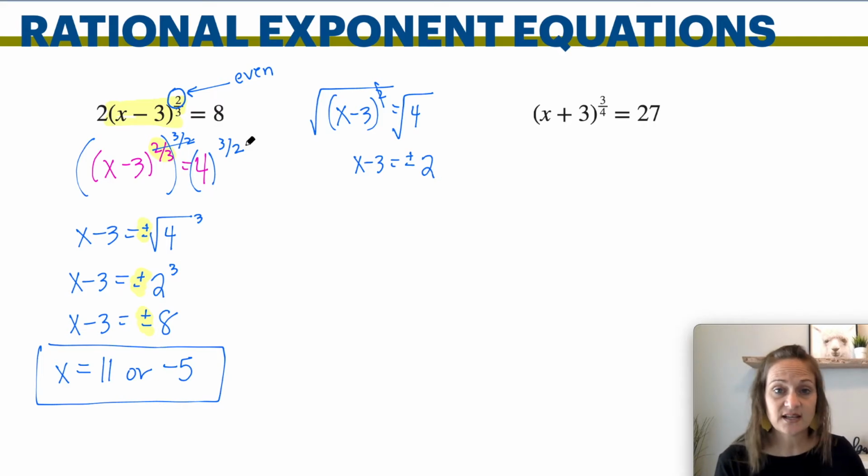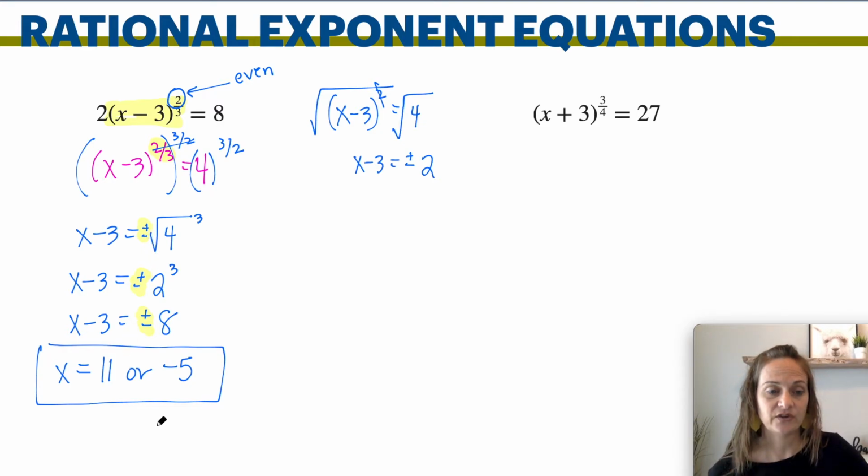And way back in section 1, we discussed that if a root is even, if you take the root of both sides and the root is even, you would get 2 possible answers. So if the numerator, only the numerator, is even, you will have to write plus or minus whenever you solve. And then we need to plug the answers back in to make sure they actually work.